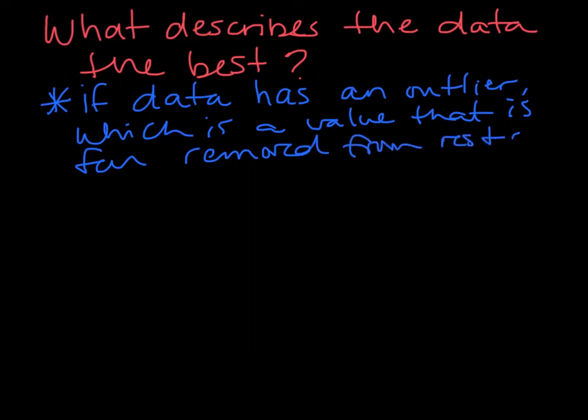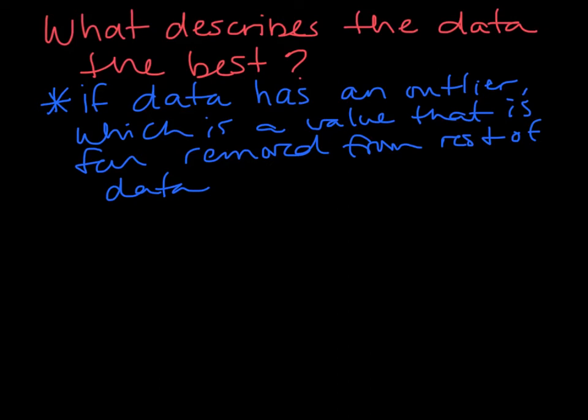Really that's kind of vague, right? Because how far is far? Is 35 an outlier? Is 55 an outlier? When we get further into standard deviation, we'll have rules, a little test to say whether this is an outlier or not. For right now, we can tell that 35 is far removed.